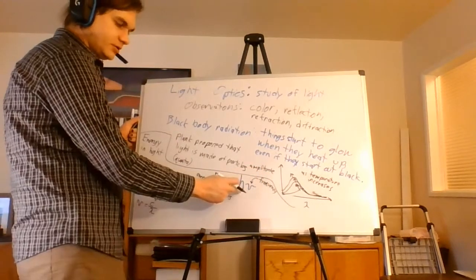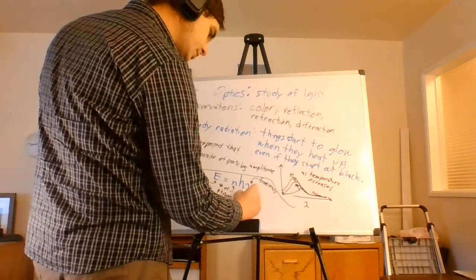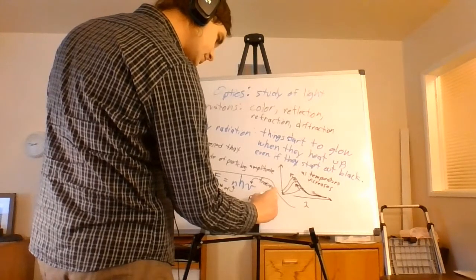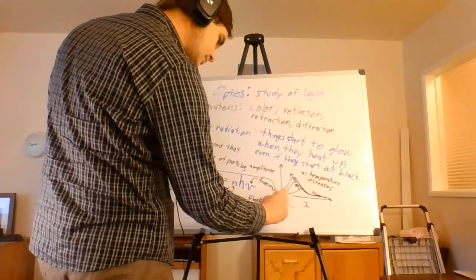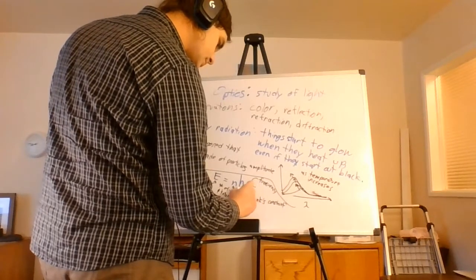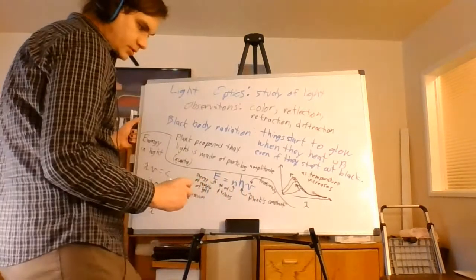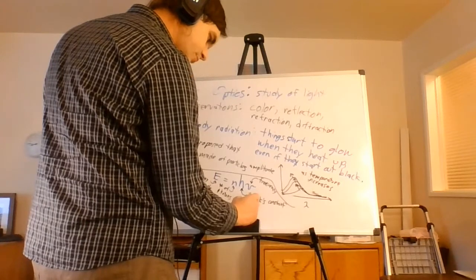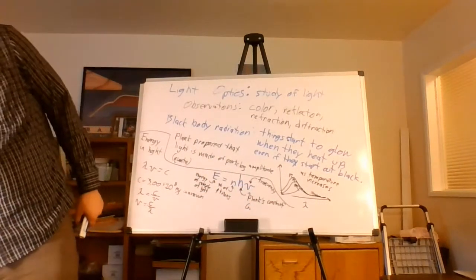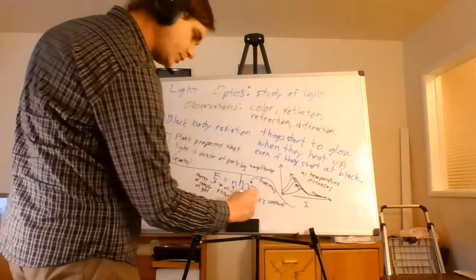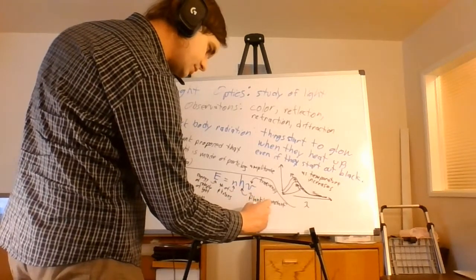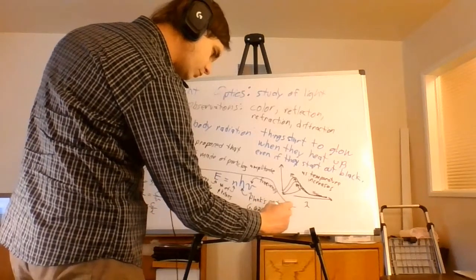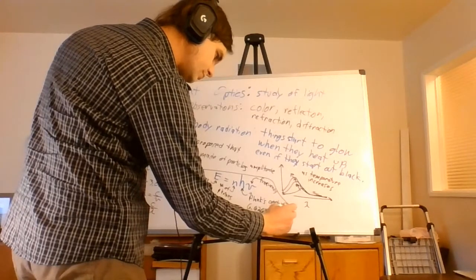And then this one right here, h, is Planck's constant, which is equal to 6.626 times 10 to the negative 34 joules per second.